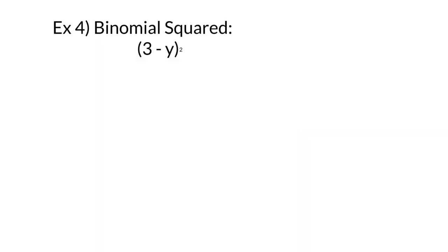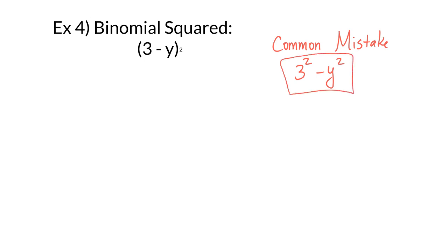In example 4, we are given a binomial squared. A really common mistake that a lot of students make is to rewrite this like this. This is a really bad mistake. What we really want to do is pay attention to what a square means.